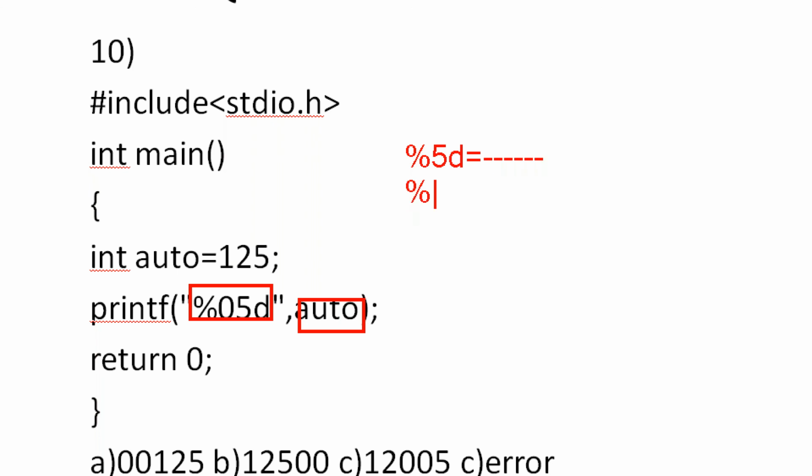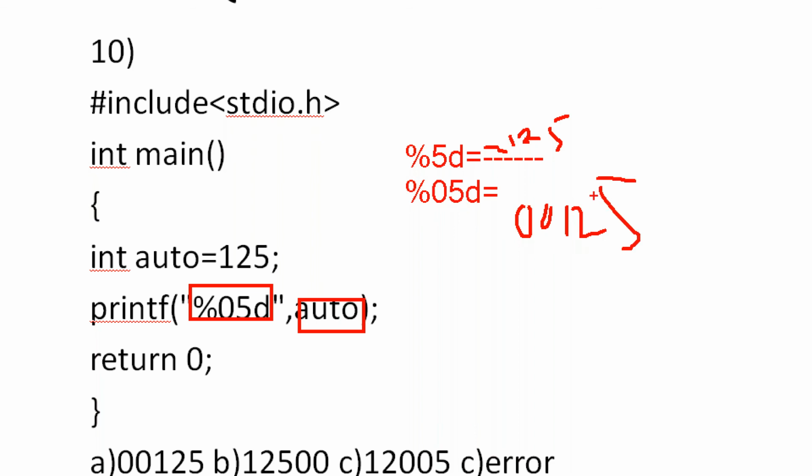So if the number is 125, the alignment is from the right side, and two spaces will come before 125. But if I am writing percentage 05d, it means first two zeros and the remaining 125.